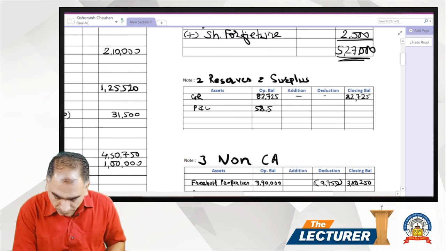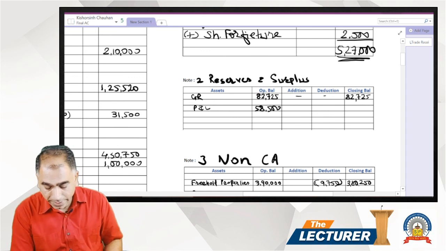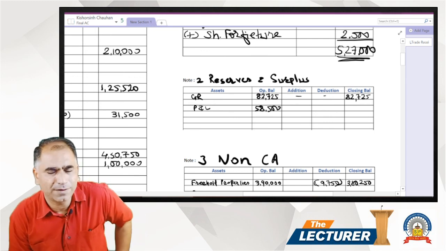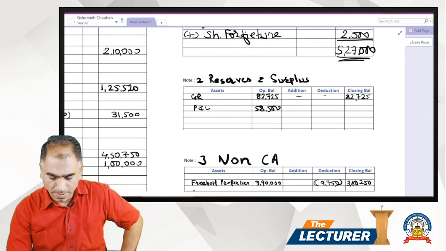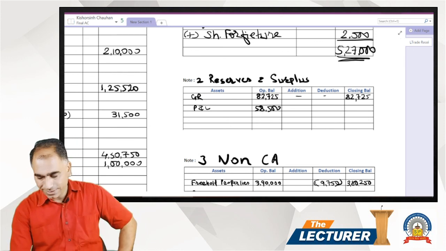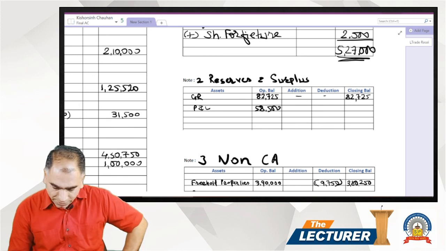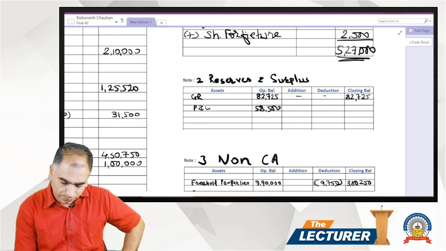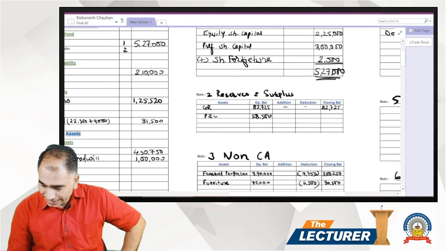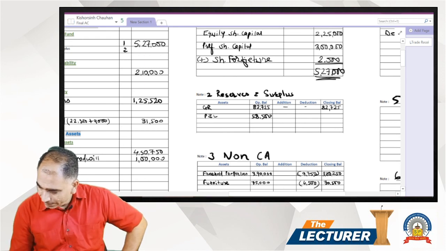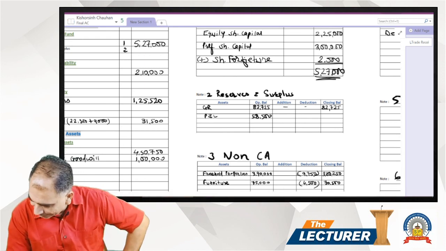Now here we may have addition or deduction. Whatever the current net profit is will be added, and if there is a net loss it will be subtracted. So we will have to wait till the last final adjustment. 58,500 P&L. Reserve for taxation is nothing but a provision, so we have to write it in the current liability.